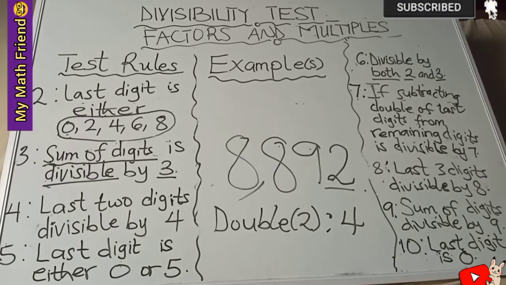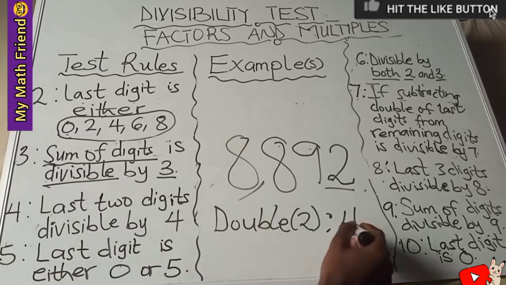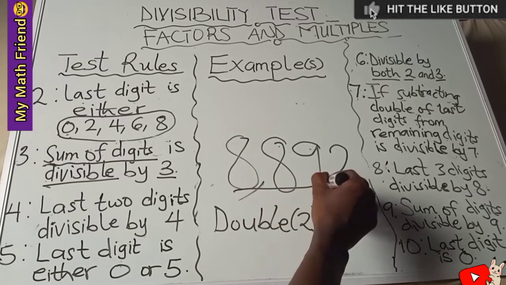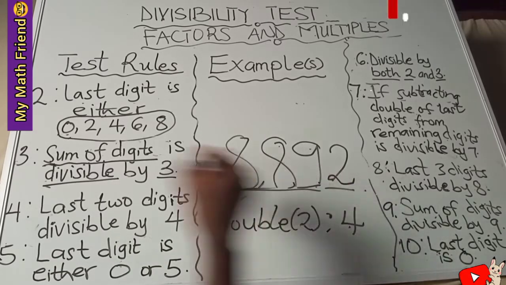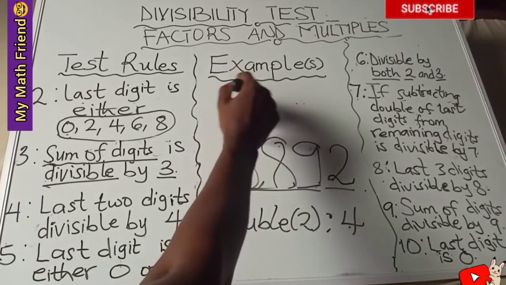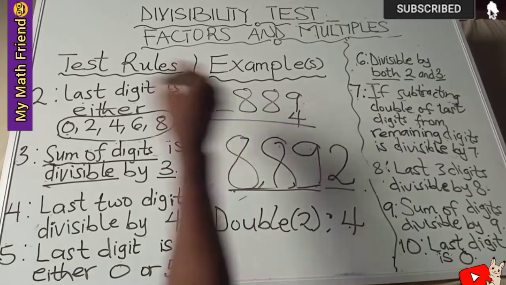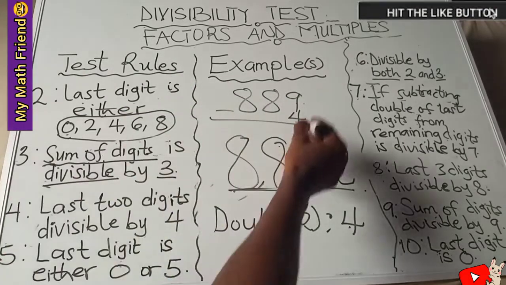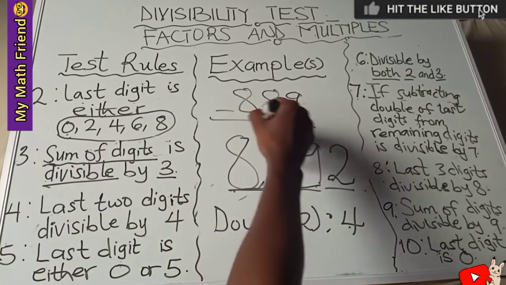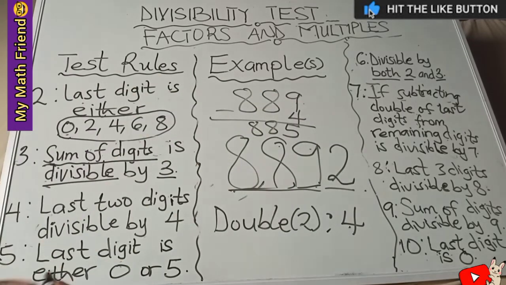Okay, good. Now let's take the 4 from the remaining digits, which is 889. So take 4 from 889. What do you have? 9 minus 4 gives us 5. So 885. Good.